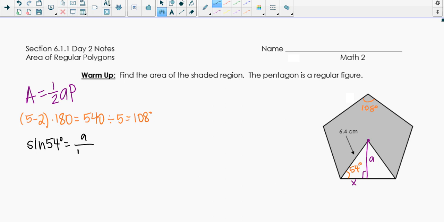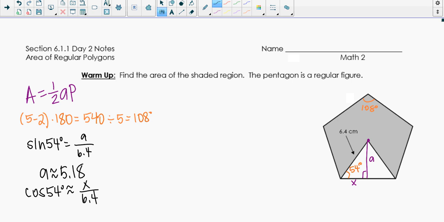A over 6.4. When you multiply that out, you end up with 5.18 when you round, so A is approximately 5.18. And then to find X, I'm going to do cosine of 54 degrees is approximately X over 6.4.